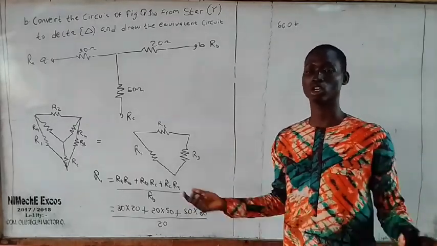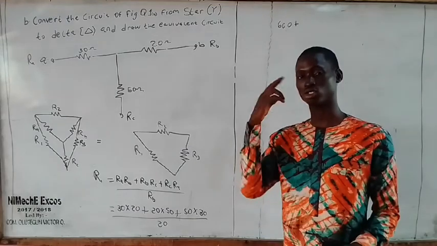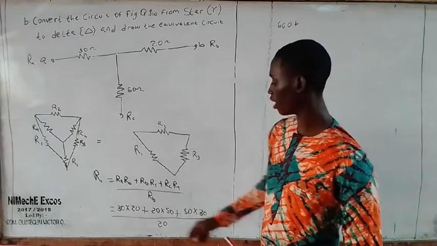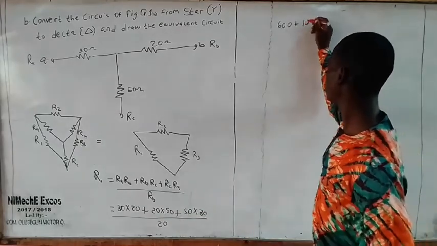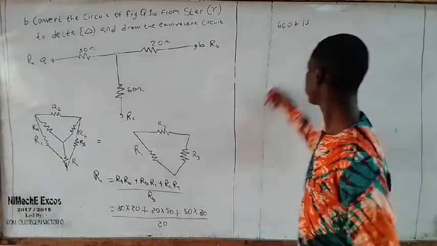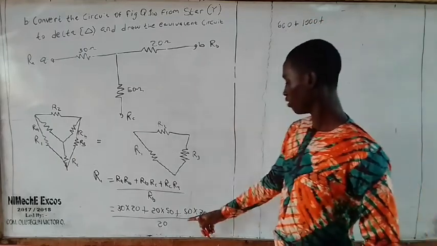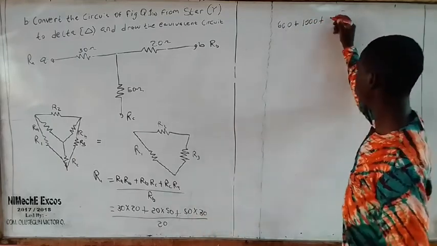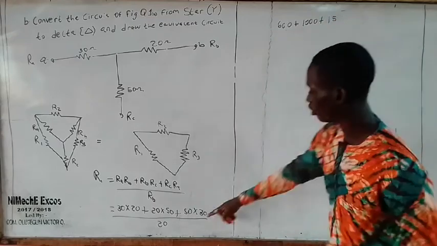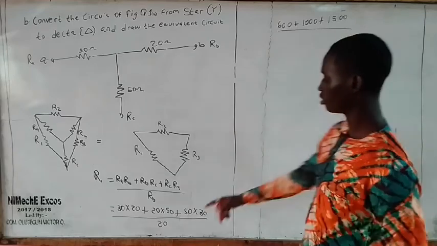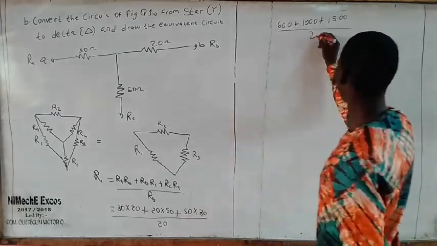But if you can solve it without a calculator, you can just use your brain: 2 times 5 is 10, and add the zeros, plus 5 times 3 will give us 15, add your zeros, divided by 20.